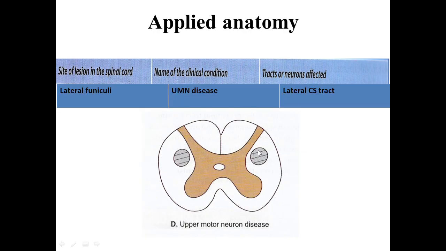Then lesion to the pyramidal tracts in the lateral funiculus will cause upper motor neuron type of paralysis.